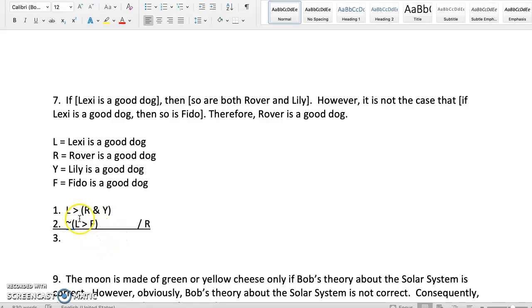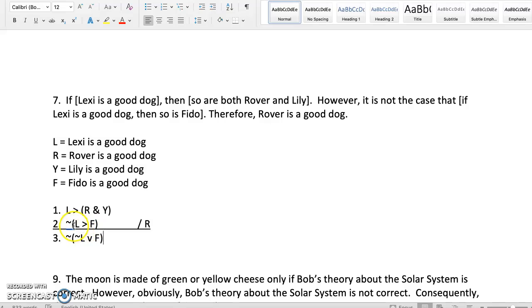So what we need to do here is change this conditional to a disjunction. And we do that using the material conditional rule. So what the material conditional rule does is it adds or subtracts a negation to the left side, changes the conditional to a disjunction or vice versa, and the right side stays exactly as it is.